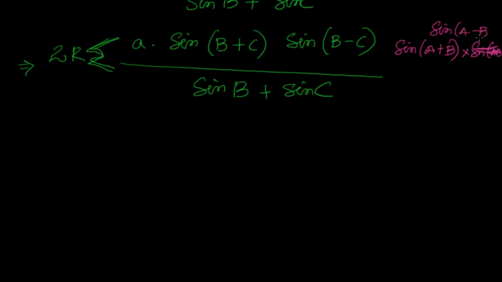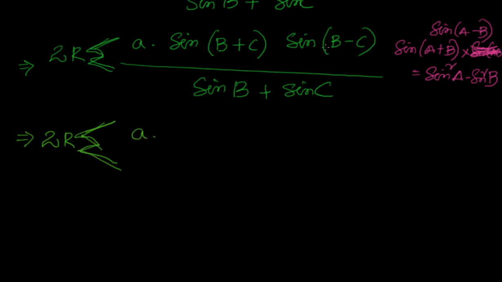So what I will do now, I will say this is nothing but equal to 2r sigma a into sine square b minus sine square c by sine of b plus sine of c.